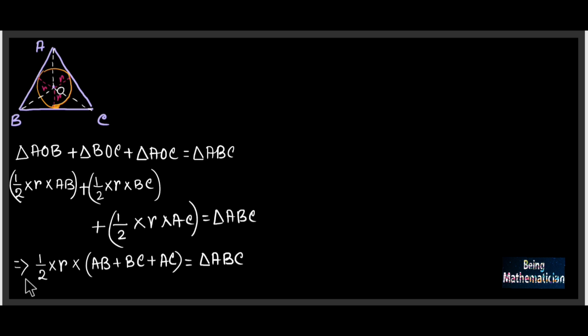Now see the question. The perimeter of the triangle is 21 is given. So putting this 21 instead of AB plus BC plus AC, and the area of the triangle is 147, so putting this value 147 in the place of triangle ABC.